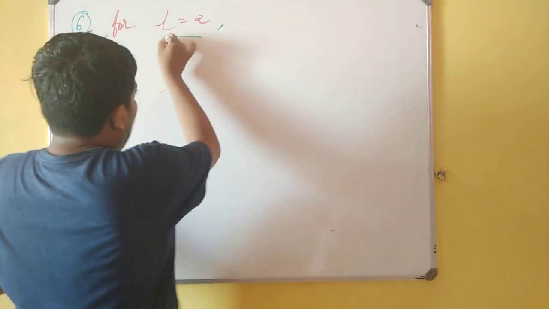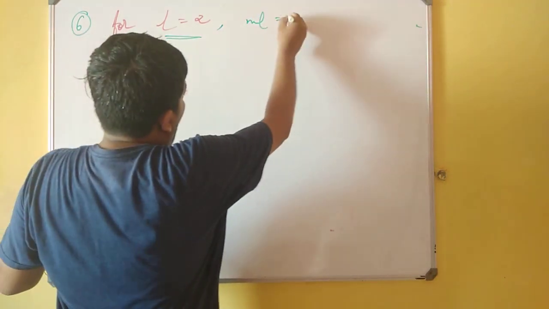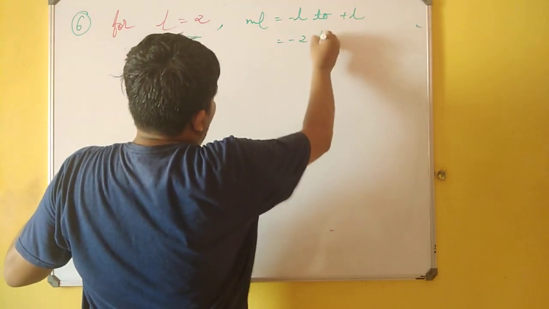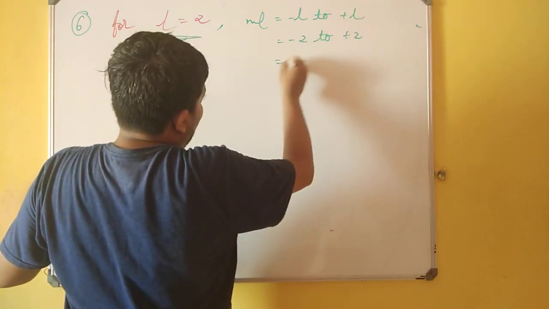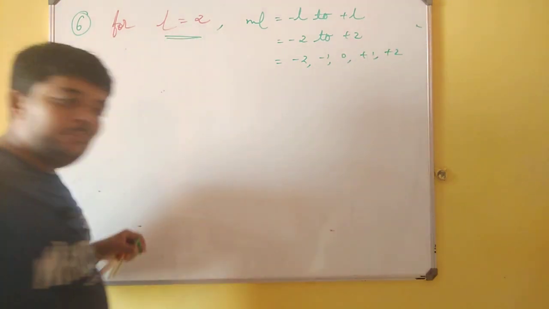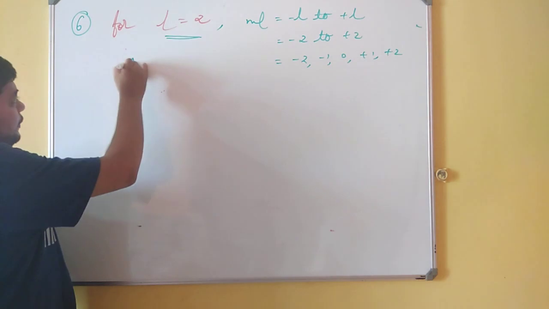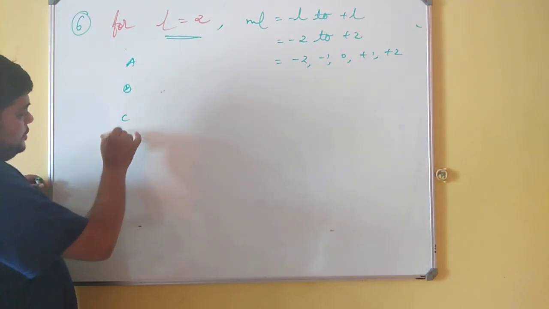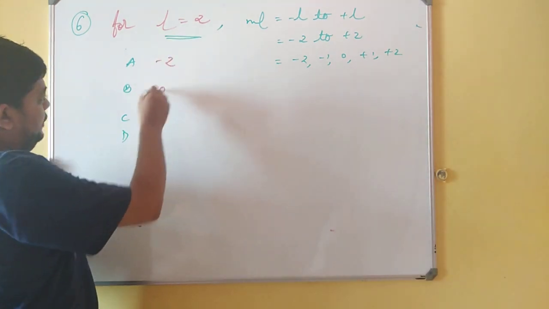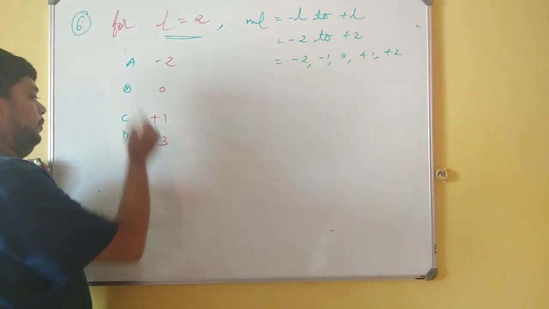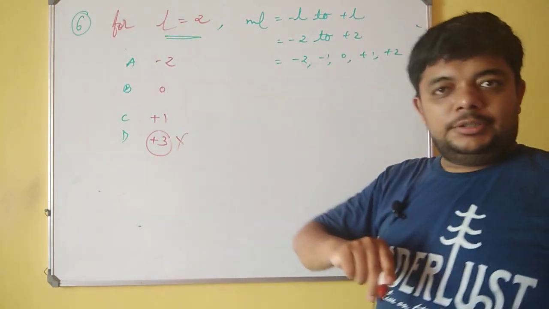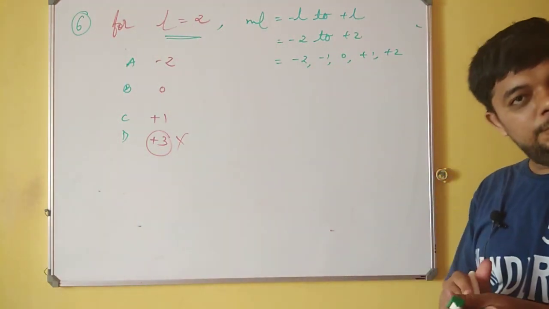We should know that when L is equal to 2, ml is equal to minus L to plus L. Therefore, minus 2 to plus 2, that is minus 2, minus 1, 0, plus 1 and plus 2. So if, from the options A, B, C, D in one of the competitive exams, some great fellow writes plus 3, that is 4 marks. So this is how it works.